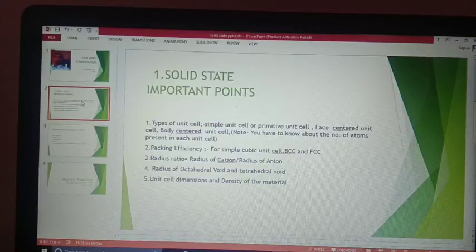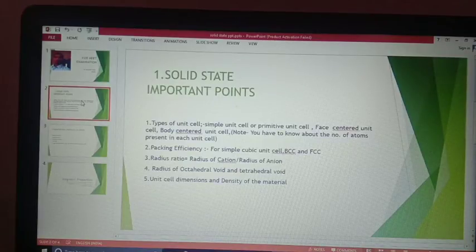And 0.41 to 0.73, coordination number is 6, geometry will be octahedral. And if the radius ratio comes between 0.73 to 1, coordination number will be 8 and geometry will be cubic or body centered. For example, cesium chloride, CsCl.